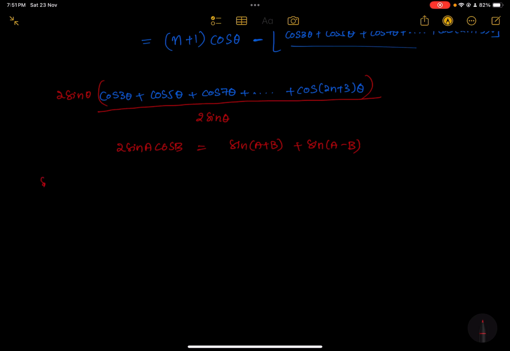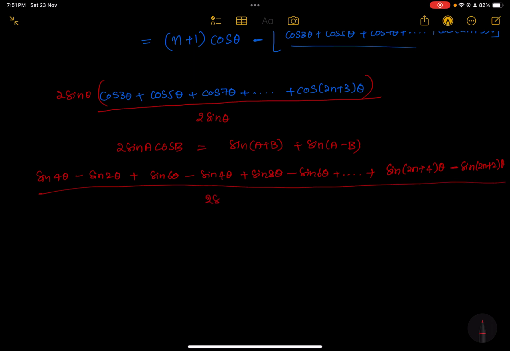So for the first term it will be sine 4 theta plus sine of (theta minus 3 theta), that is minus 2 theta. Sine of minus 2 theta is minus sine 2 theta. Similarly, sine 6 theta minus sine 4 theta plus sine 8 theta minus sine 6 theta, and so on, plus sine (2n plus 4) theta minus sine (2n plus 2) theta, divided by 2 sine theta.